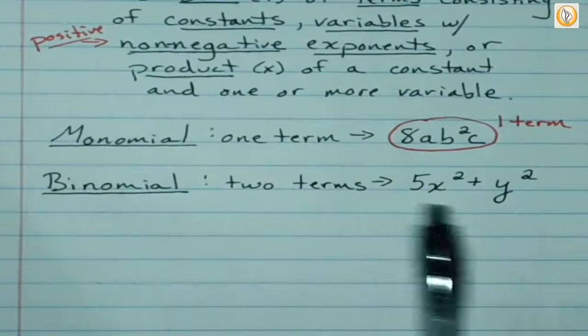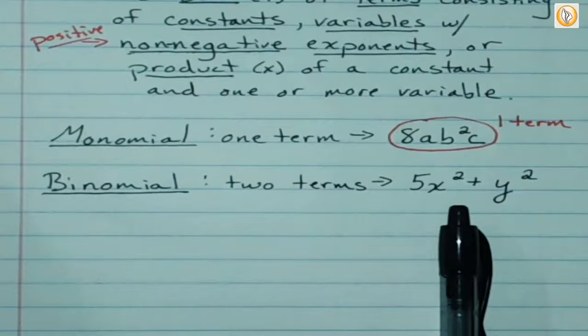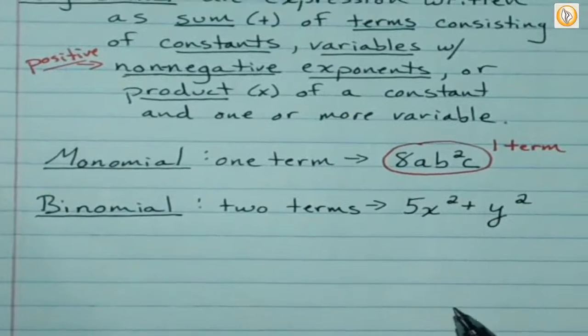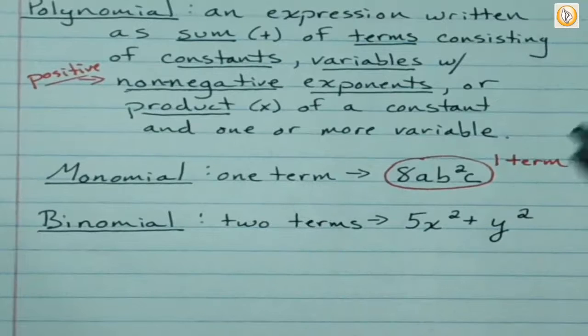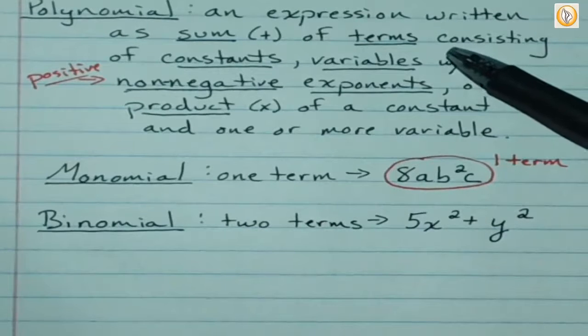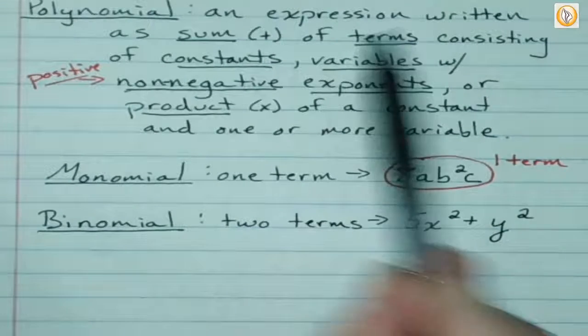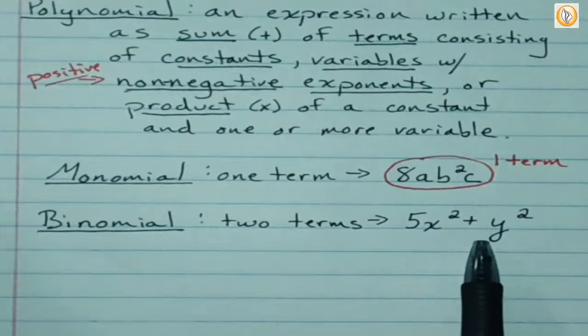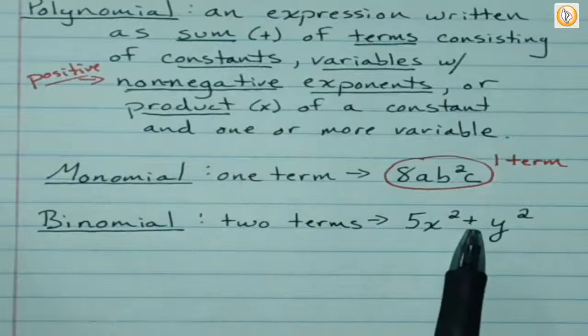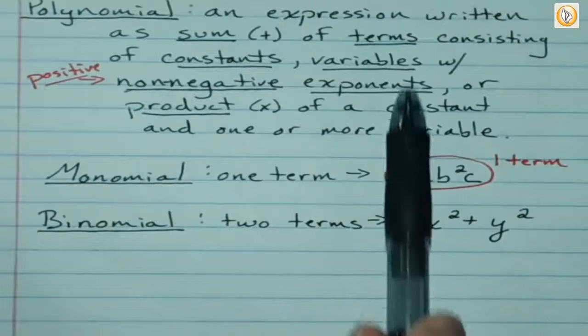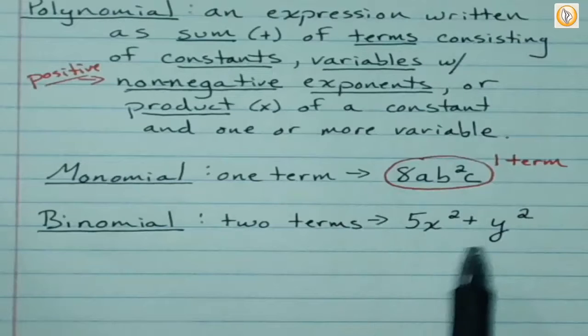It's a binomial polynomial. Because there's technically a 1 in front of the y. So if you look back up here, it's an expression. Here, this is an expression written as a sum. Here's my plus sign of terms. Well, here's a term.